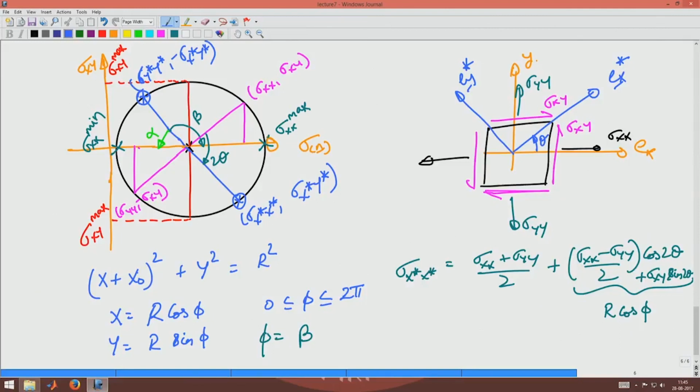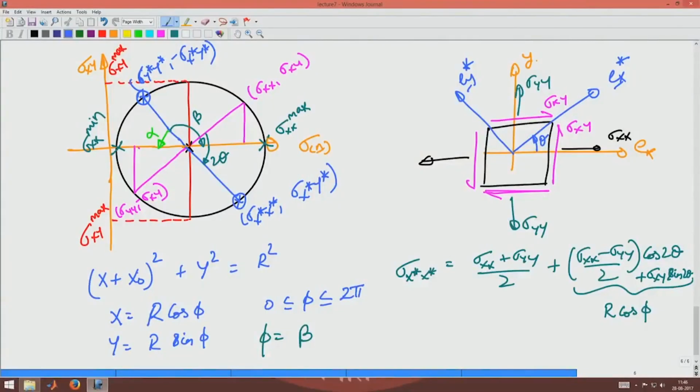From a given plane you rotate in the clockwise direction by 2 theta, if the rotation of the coordinate system is in the anticlockwise direction by an angle theta. When the coordinate system rotates anticlockwise by an angle theta, the Mohr circle corresponds to a 2 theta rotation from the plane to the new plane, to get into the new stress state. This is how you use the Mohr circle equation to find the stress components in a rotated configuration.